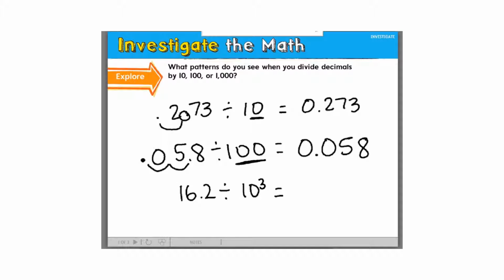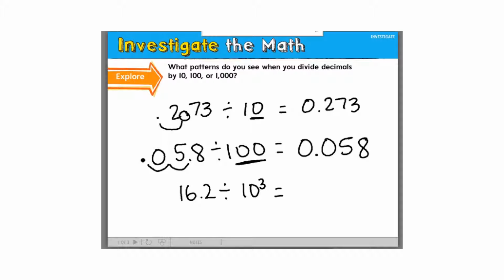Okay. So if I have 16 and 2 tenths divided by 10 to the third power, just like what we wrote on the side, we wrote 10 to the third power is the same thing as 1,000. And you would move it 3 spaces.